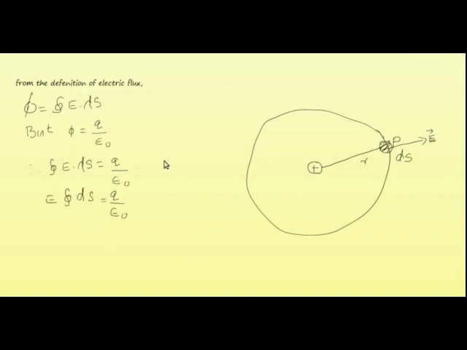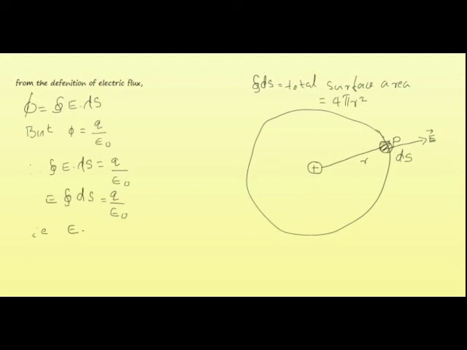This means you are integrating ds over a closed surface. Therefore, closed integral ds will give the surface area of the sphere itself. That means you are adding all the ds together, and what you get is the total surface area of this sphere, which is 4 pi r square.